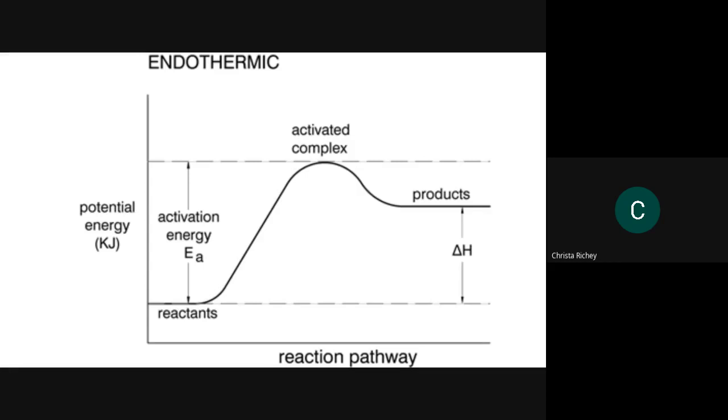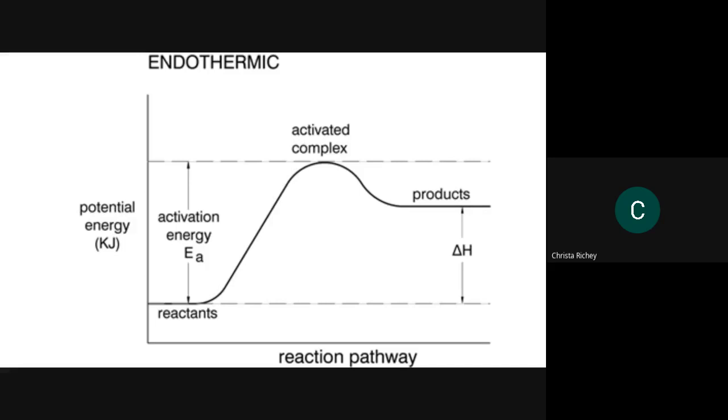Okay, the potential energy starts from nothing. It's not moving. So your potential energy is down to the baseline, which is 0. Your potential energy of your reactants is the first flat line down to 0. And whether it's this one or that one, your potential energy of your products would be from that last flat line down to zero.